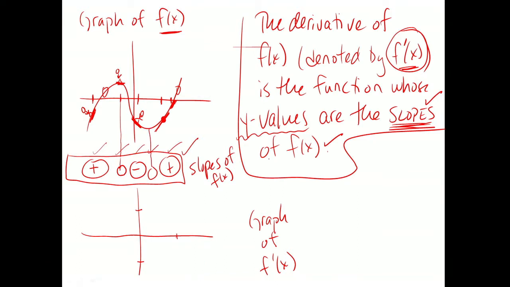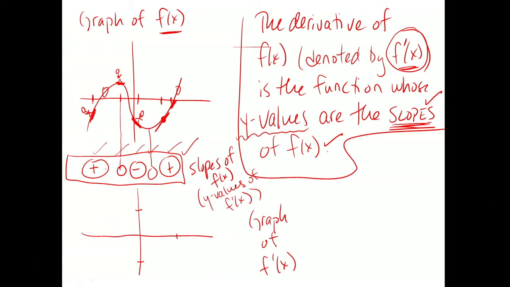Because again, I can't say this enough times, the slopes of f of x are the same as the y values of the derivative. Okay? They are literally the same. That is the definition of the derivative. So this little chart here serves two purposes.